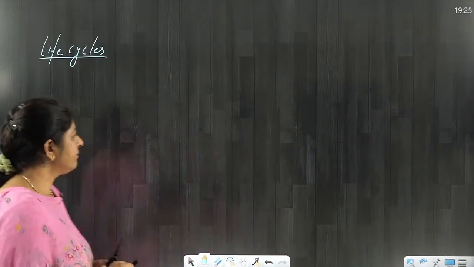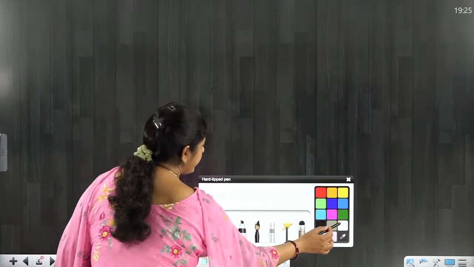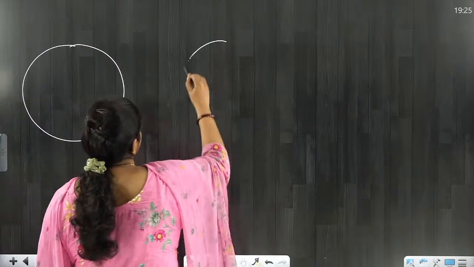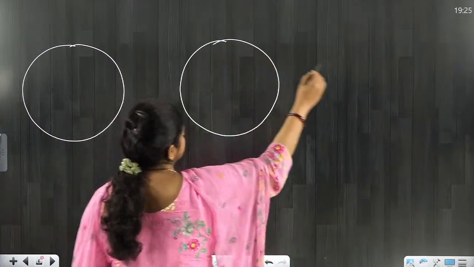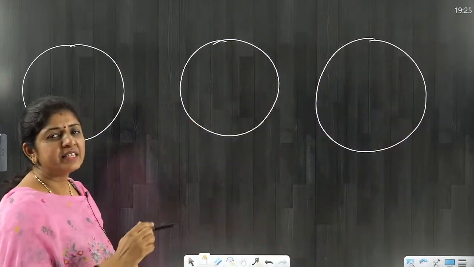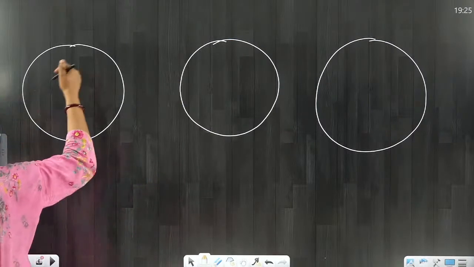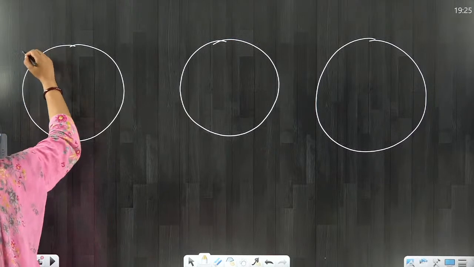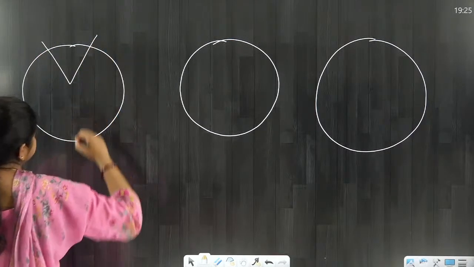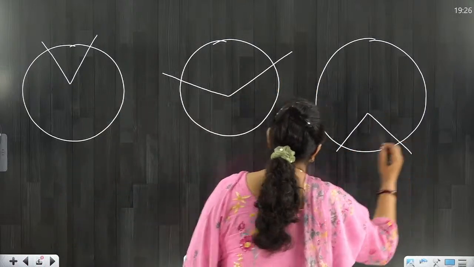Fine. Let's start with all the life cycles here. 3 life cycles you will find. And keep in your mind, by convention, you have to read the life cycle clockwise. And when you will see the distribution in the life cycle, you will find some margins like this, right?